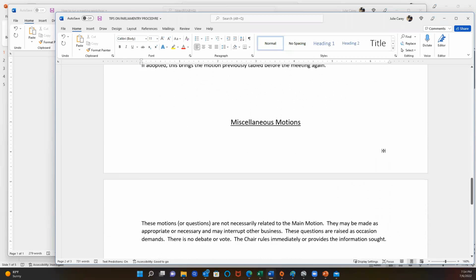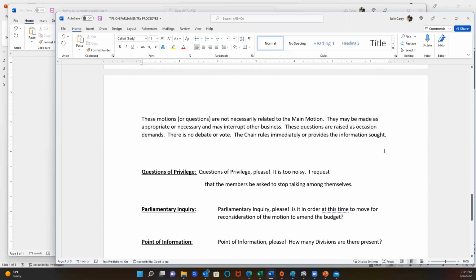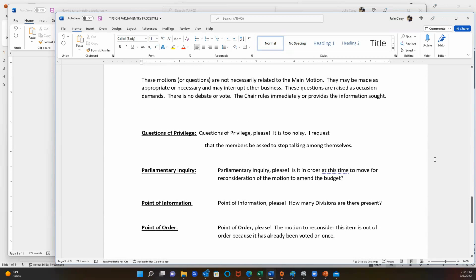The miscellaneous motions are the motions that are not related to the main motion. Question of privilege, that's just if there's something like you can't see the screen or you can't hear, anything that's the comfort of the person, that's a question of privilege.